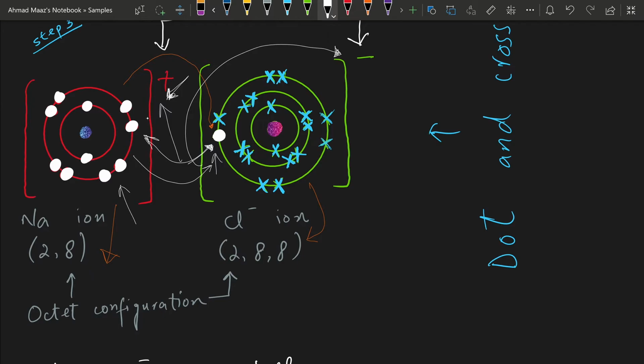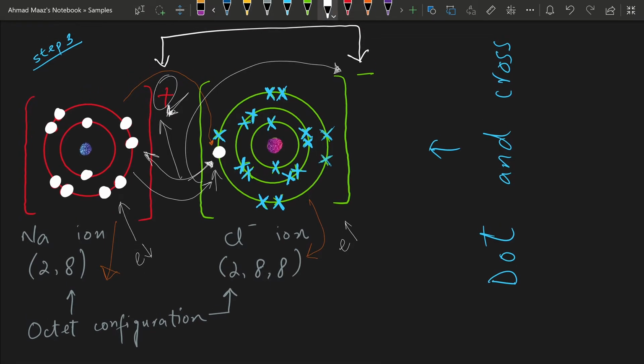The number of electrons in the sodium atom has decreased, and the number of electrons in the chlorine atom has increased beyond the number of protons. That is why sodium now has a positive charge, because one electron has left sodium, and this is why chloride now has one negative charge, because there is one more electron added in this chlorine atom.